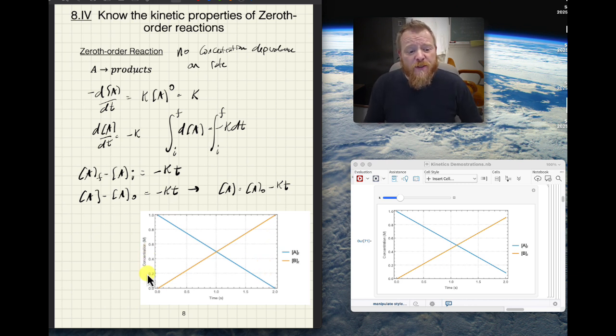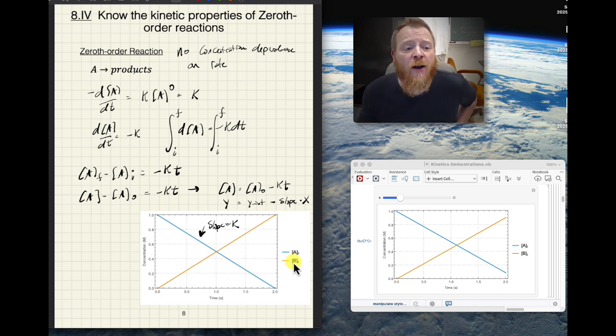And so now if we were to make a plot of concentration versus time, you can see my y-axis is concentration. I end up with a y-intercept, which is the initial concentration. And then now that's minus slope times x, where now the slope of my line is the rate constant. And that's only true for a zero order reaction.